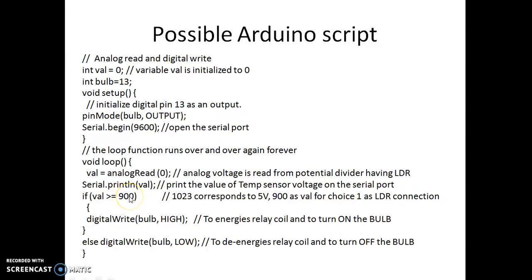So this need not be 900 in all cases. If it is greater than 900, meaning it is dark, you put a high so that the bulb turns on. If it is less than 900, meaning light is there, you are not supposed to turn on the bulb. So this is high when the statement is false. The bulb is energized with a 0, so the bulb is off.